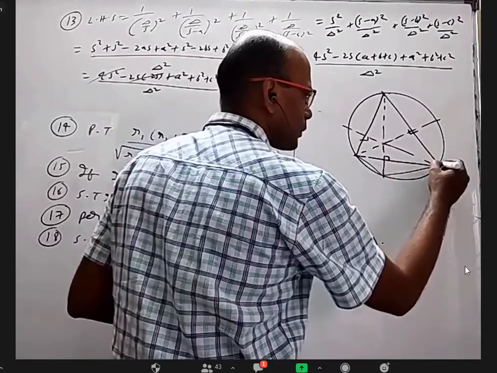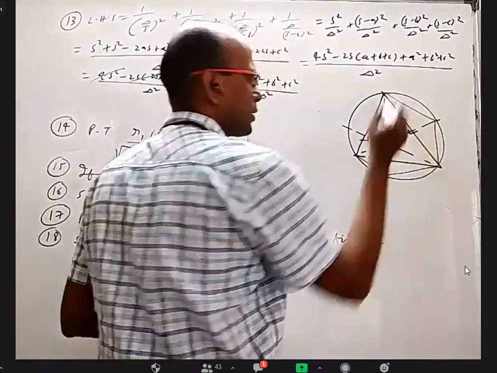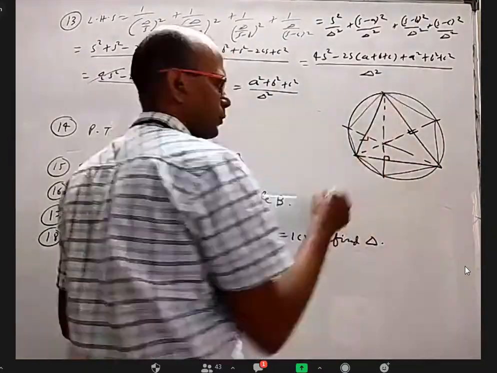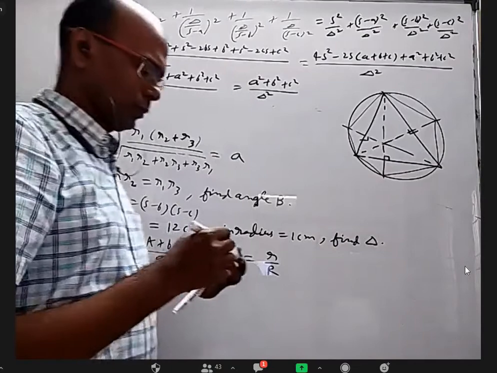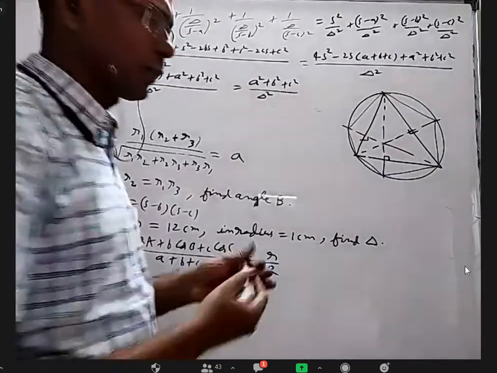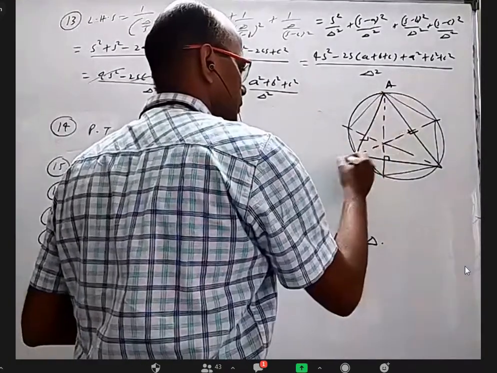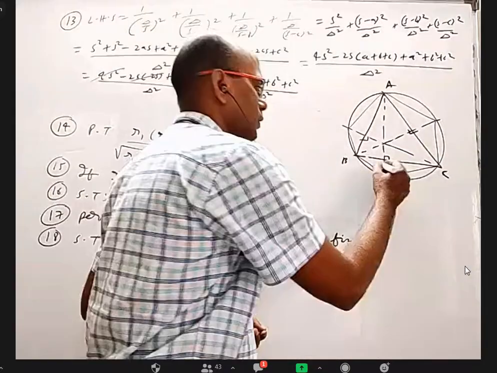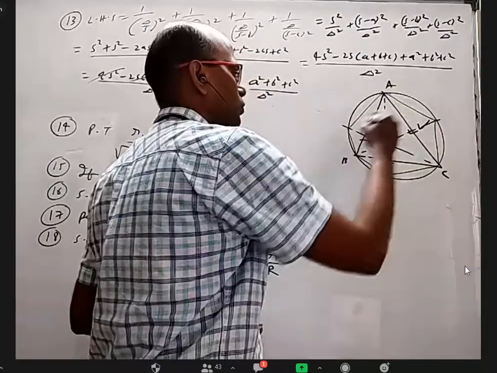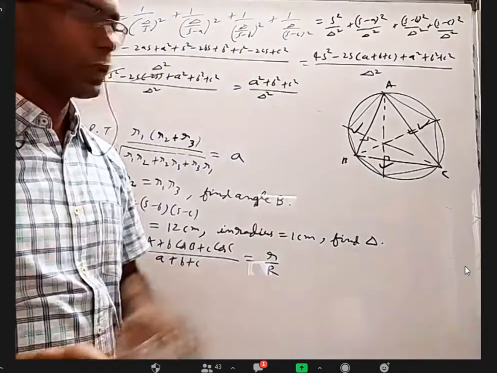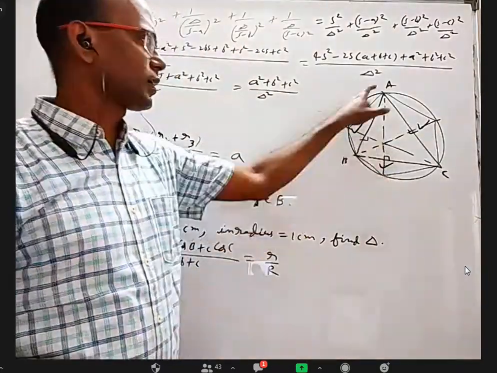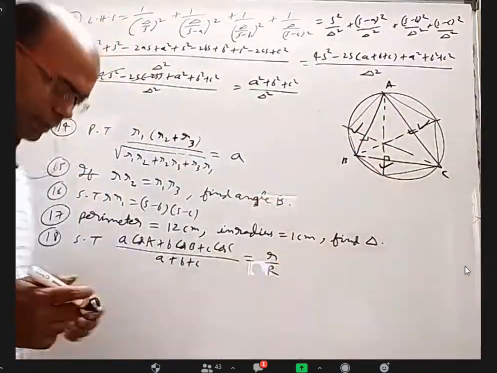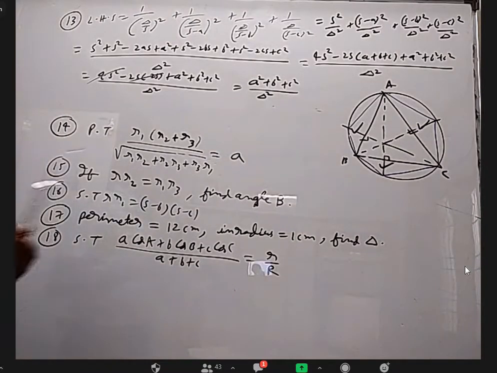This is another triangle, this one, and this one is another triangle. This is the original triangle ABC. But I got this new triangle, this another new triangle outside, and this also another new triangle. When I add these three triangles, I'll get the original triangle area. This area plus this area plus this are equal to this. Why? You can try to think and tell me.